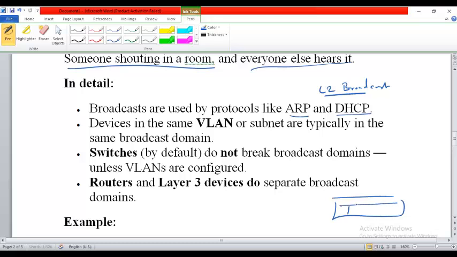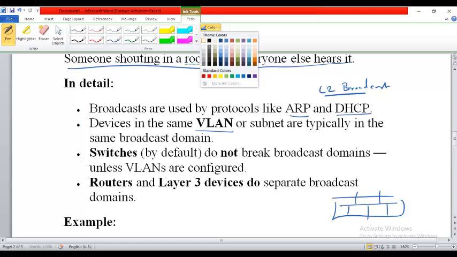But if you create a VLAN and put these two interfaces in another VLAN, then it becomes two broadcast domains in the switch. So when a broadcast is sent, when an ARP request is sent, it will go only to this and this, not to the other two, because the other two are in a different broadcast domain.